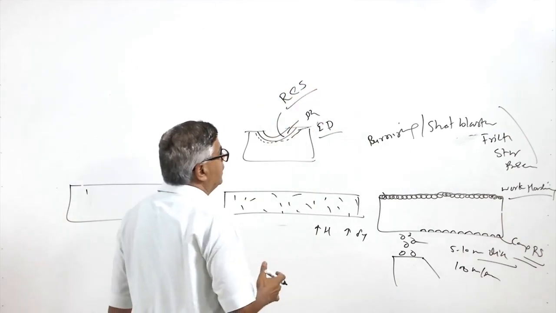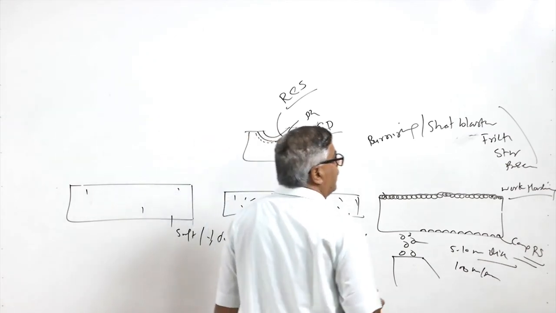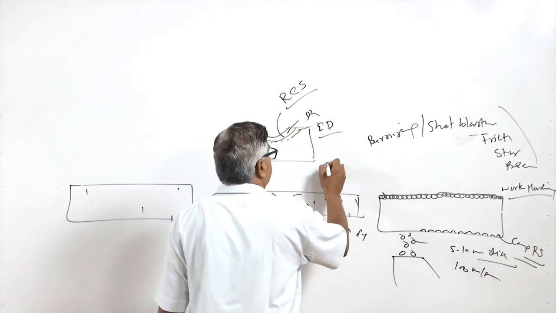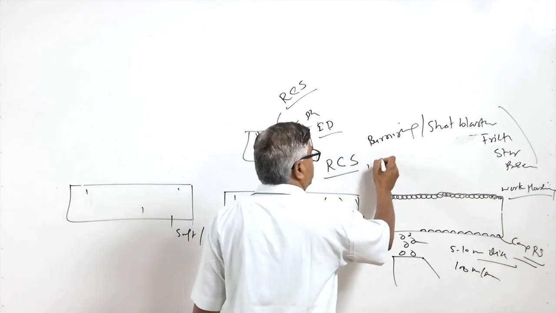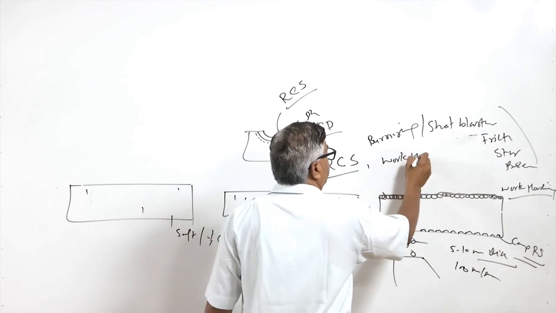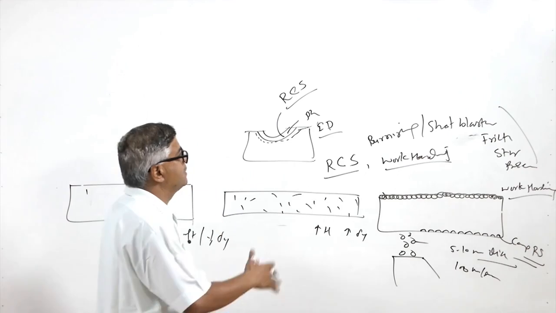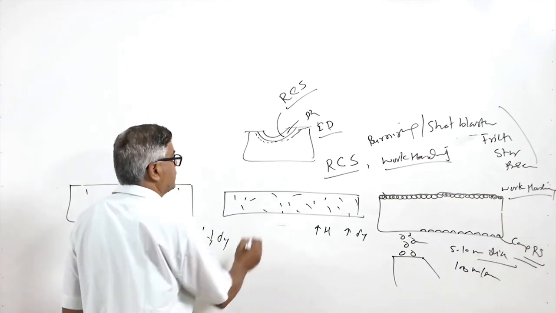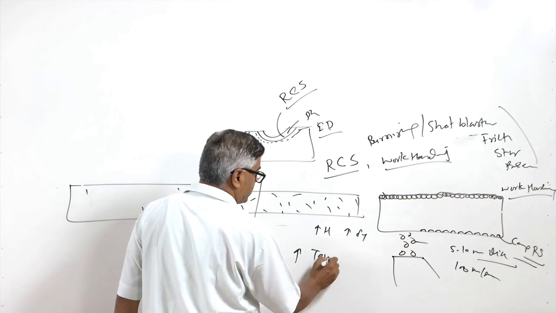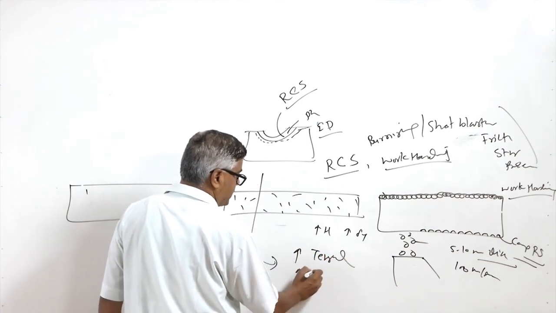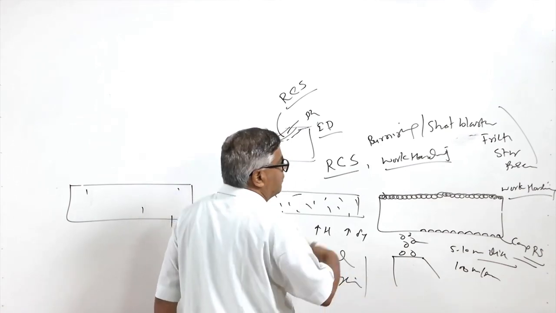That is why shot blasting, burnishing and contour rolling tend to develop residual compressive stresses as well as work hardening, and therefore improvement in hardness and yield strength. These in turn increase the tensile strength and improve the fatigue strength of the material, and these are very favorable.